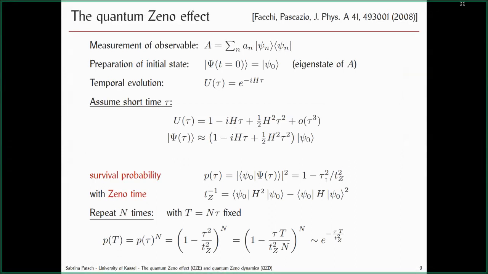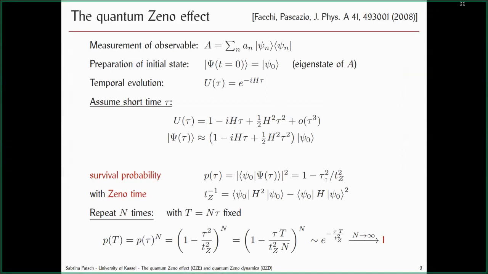And if we now think again, we have the assumption of very short times between two measurements, so we can calculate the limit of tau to 0 or of n equal to infinity, and then this probability is going towards 1. So we see on the left side the probability for our state to be in the initial state after a time capital T goes to 1 for very short times in between two measurements. And that is exactly the quantum Zeno effect.